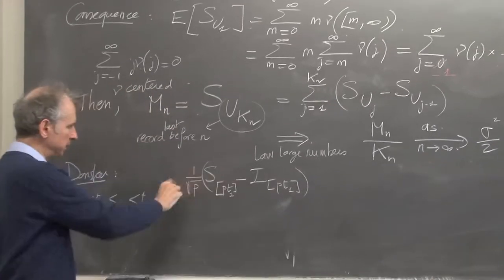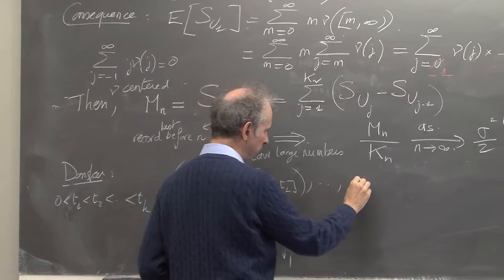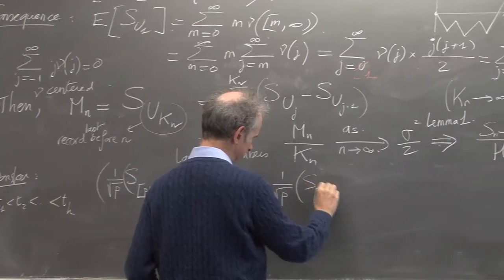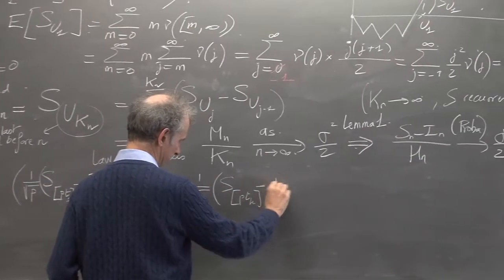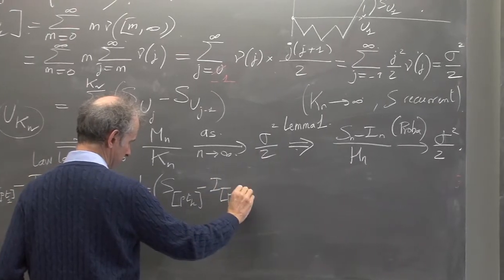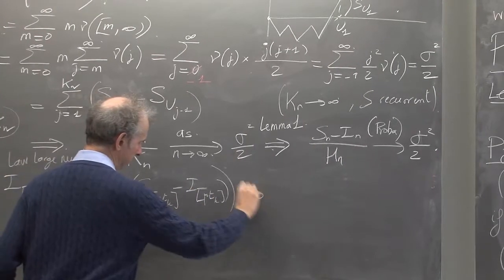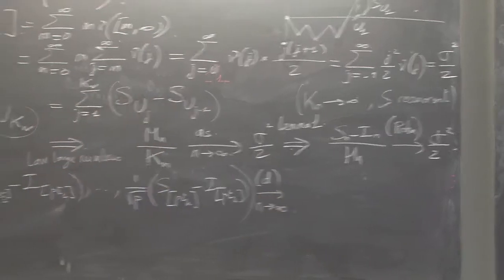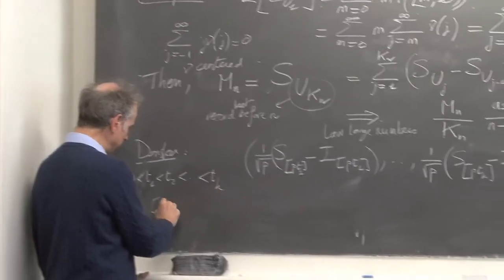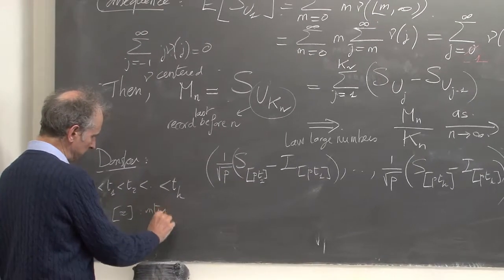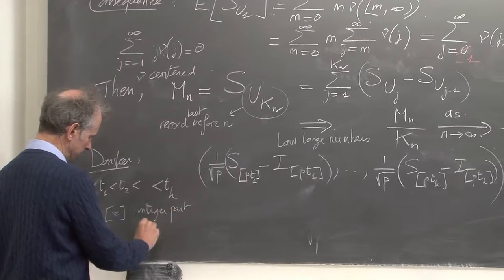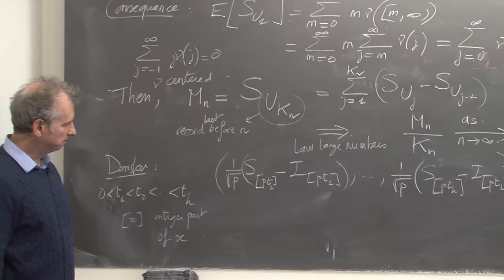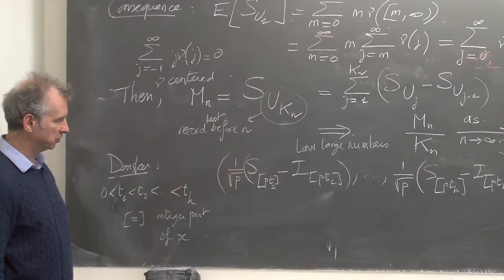So I look at it at time T1, then at time T2 and so on, at time Tk. Here it will be more convenient for me to take integer parts. Well, it's not very important, in fact. Okay, rather than doing the linear interpolation, but it is more or less equivalent.